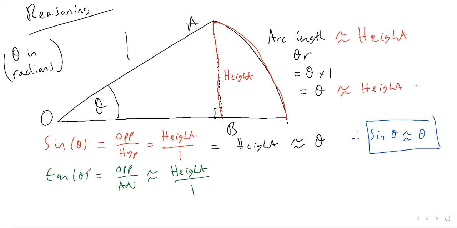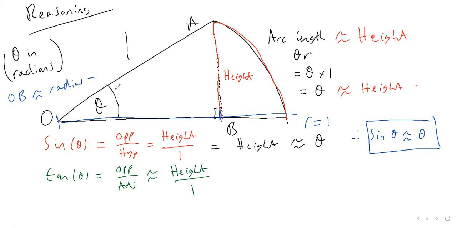And a similar reasoning applies to tan theta when theta is small. Tan is opposite over adjacent. The opposite to theta is the height. For the adjacent, we're going to say that's approximately 1. This base OB is approximately the same as the radius, which equals 1 in this question.